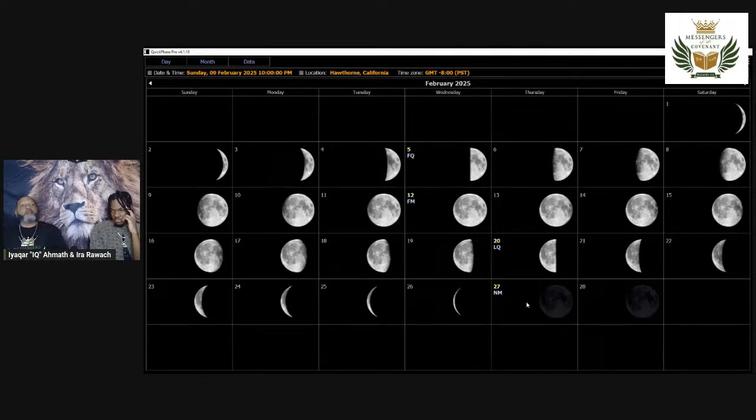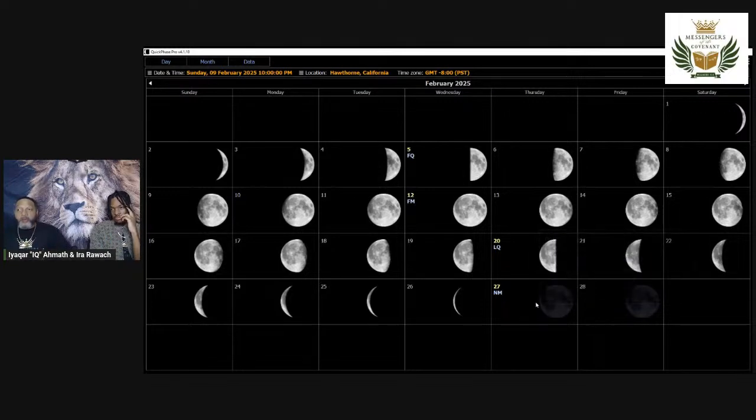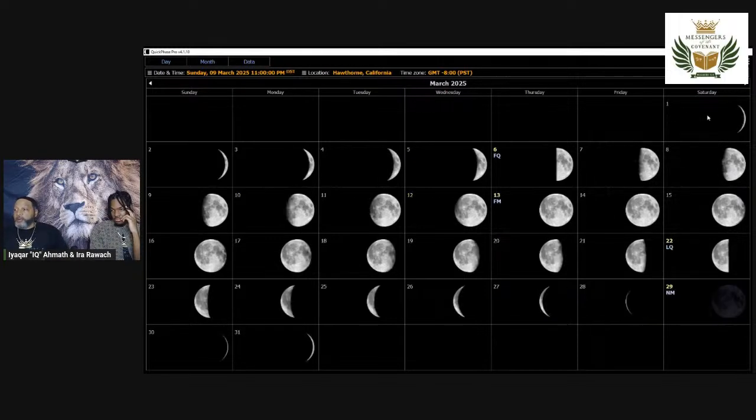If we don't add a leap year, it's going to be February 27th. You see how it keeps going out of season? So now we will start our Passover count here. Day 1, 2, 3, 4, 5, 6, 7, 8, 9, 10, 11, 12, 13, 14, 15. That should be the Passover in 2025 if we don't add a leap year.